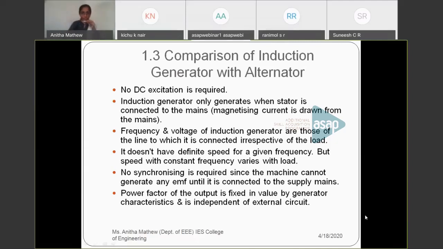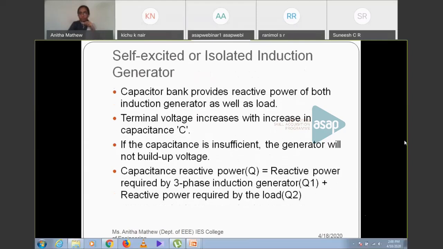Okay, we got some questions. The first question is, how can we increase the RPM of a synchronous machine? We are explaining about the induction generator.